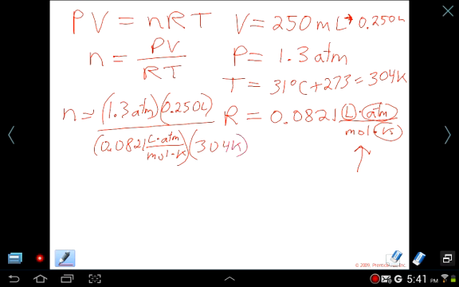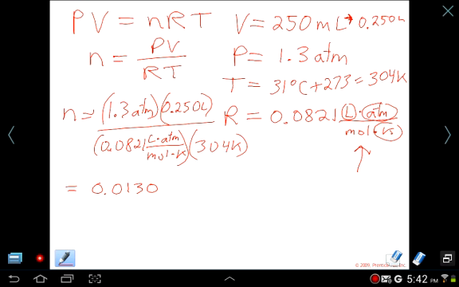Now, if you plug this into your calculator, and then we'll take a look at how the units cancel out, go and plug it in, see what you get. 1.3 times 0.250 divided by 0.0821 and 304. So it looks like our value for n came out to be 0.0130.